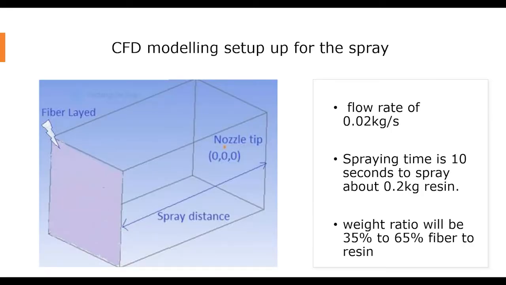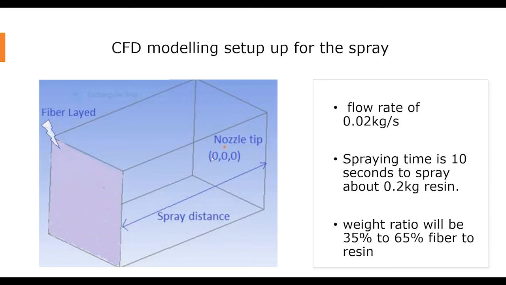When we come to the modeling or setup for the spray, as you can see, this is the general modeling setup. We do have a nozzle here at the 0 position, and we have the fiber laid here. And we have, as you can see here, a cubic shape of flow field. So the resin will be sprayed from this point to this fiber.